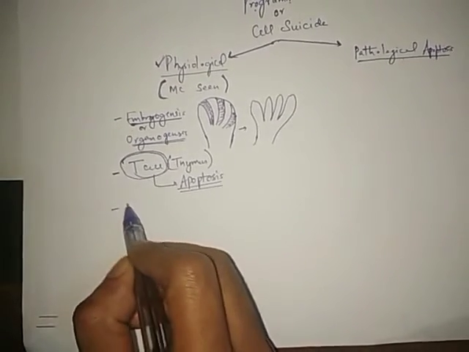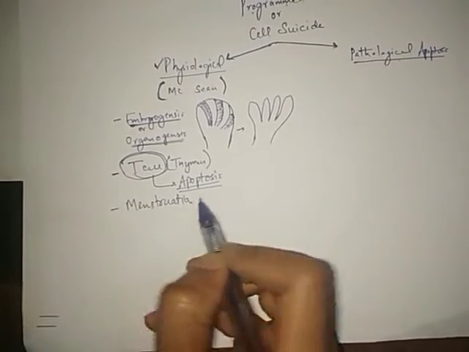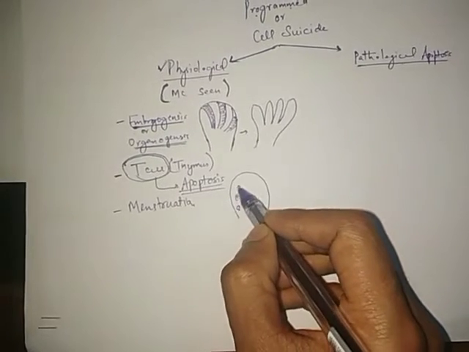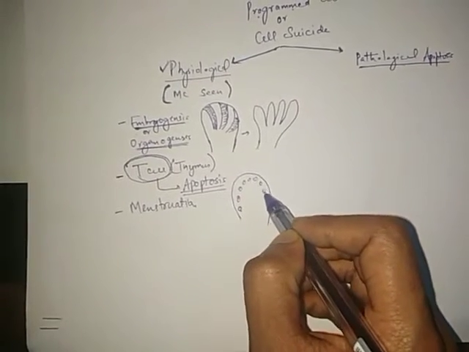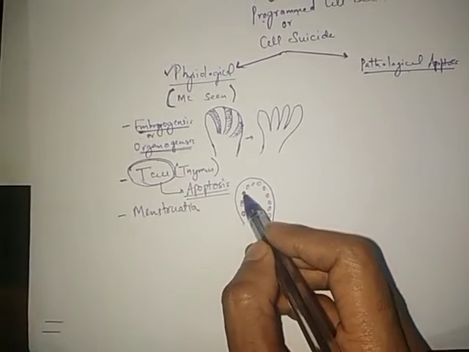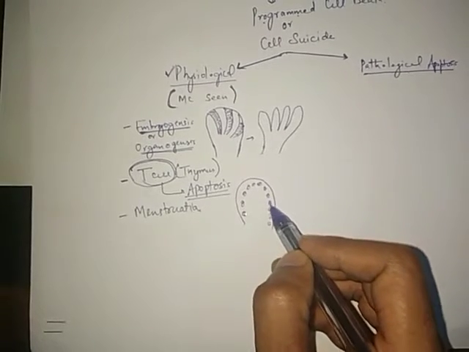And sometimes during menstruation, when the product of conception does not reach the uterus, the proliferating endometrium does not get supported or nourished.